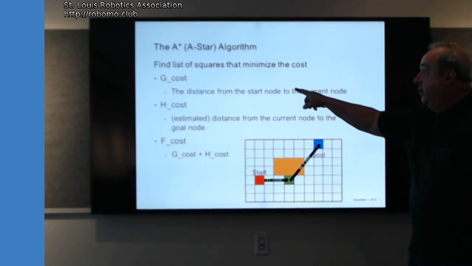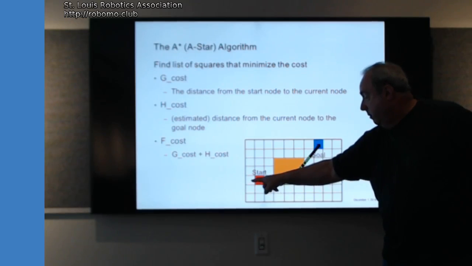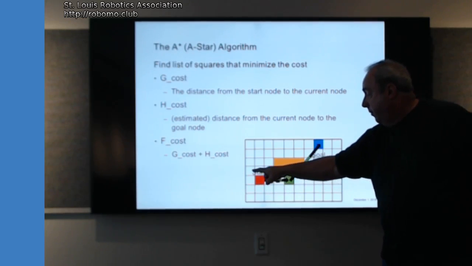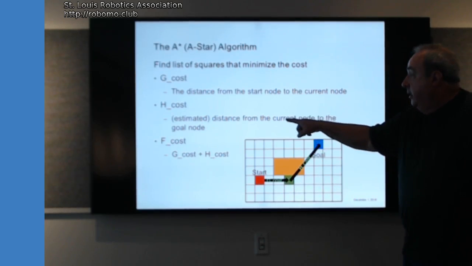You calculate the G cost, which is going to be 1, 1, 1, 1, 1.4, 1.4, 1.4, and 1.4. And then you calculate the H cost.